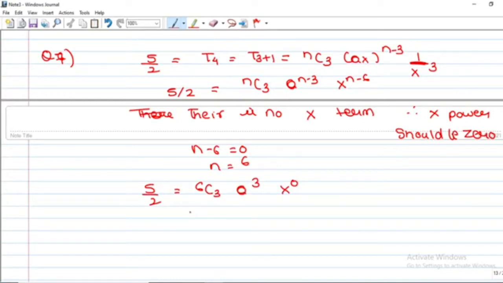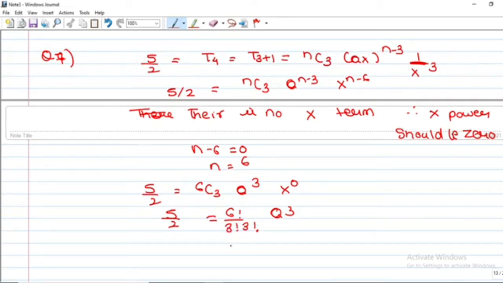So finally you have 6 factorial upon 3 factorial into 3 factorial, into a cube, which is 5 by 2. If you solve, 6 factorial upon 3 factorial into 3 factorial is nothing but 20.